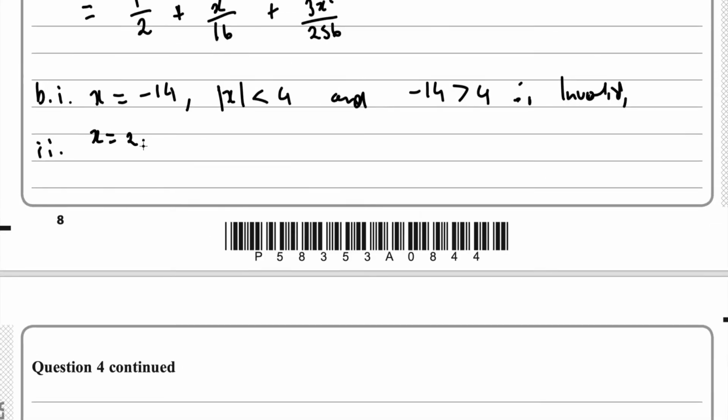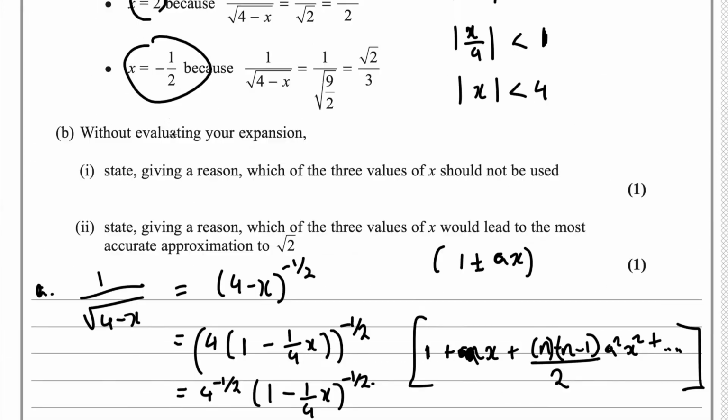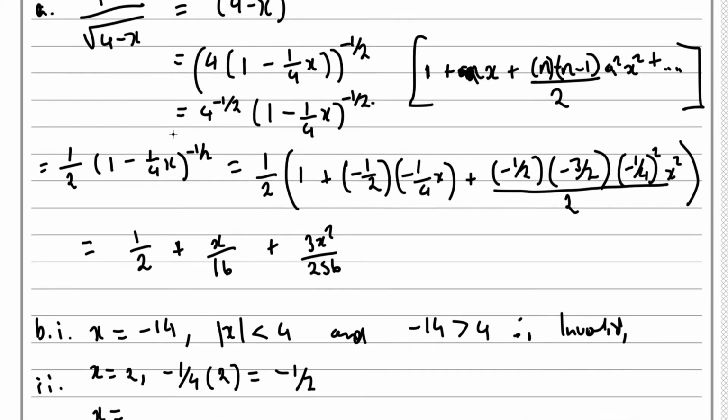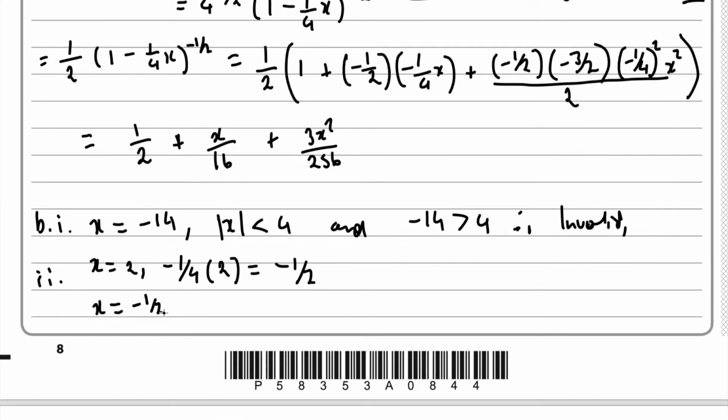So x equals 2, so we're going to have minus a quarter times 2, and we end up with minus a half. And x equals, and I believe it was minus a half, we end up with minus a quarter times minus a half, and what we get is an eighth.